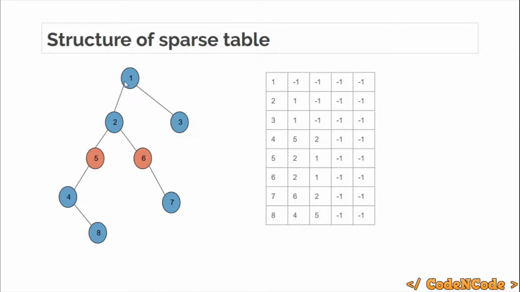Suppose I had to find the 2's power 1st parent of 1, but since the 2's power 0th parent of 1 doesn't exist, which is -1, the 2's power 1st parent of 1 doesn't exist either. So if the 2's power (i minus 1)th parent is -1, we would directly continue, which means we would ignore this.